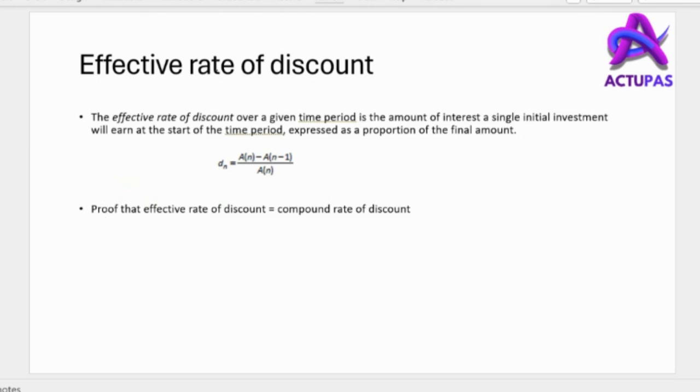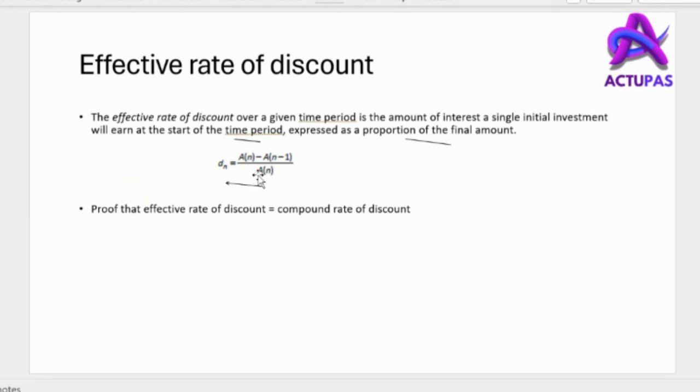The effective rate of discount over a given time period is the amount of interest a single initial investment will earn at the start of the time period, expressed as a proportion of the final amount. So d_n is different from i_n. For d_n, it is the amount that would be earned at the start of the time period, and for i_n it was at the end of the time period, sorry.